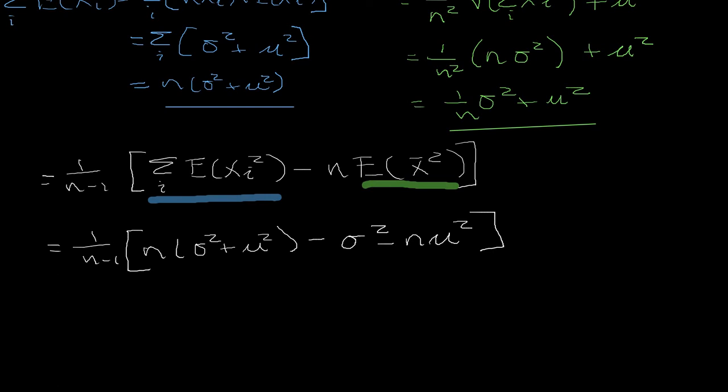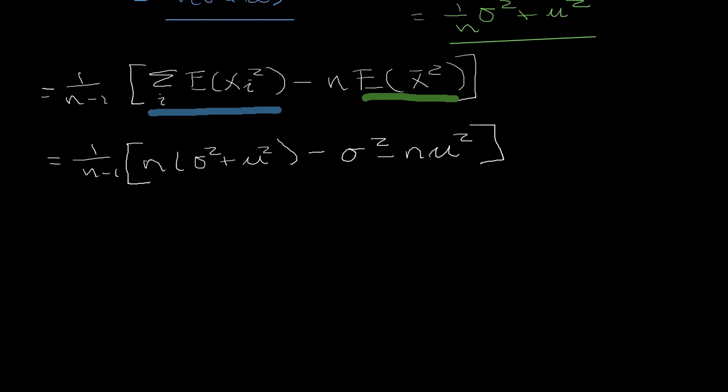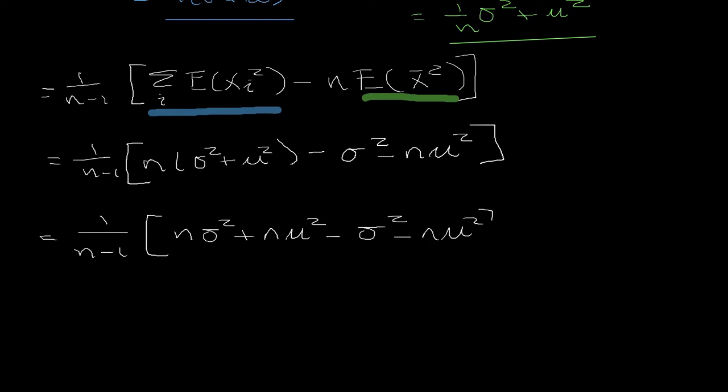Let us move this a little bit up. Now let's take away these parentheses. 1 over n minus 1 times n sigma squared plus n mu squared minus mu squared minus n mu squared.